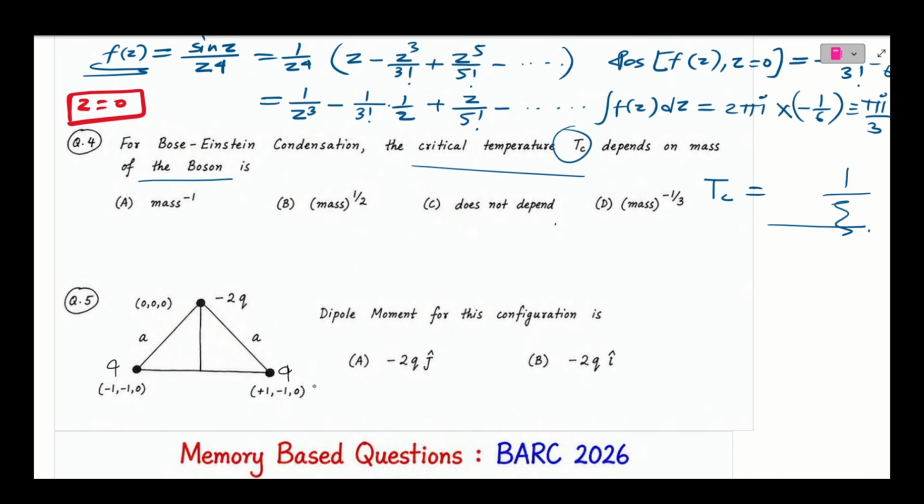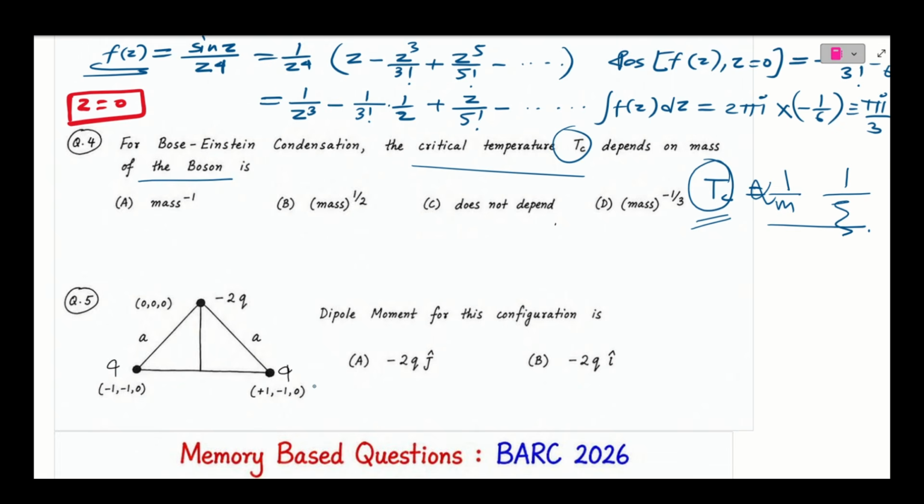If we see the exact expression of the critical temperature in the case of BE statistics, you can see there is a variation between Tc and m. Tc varies with m inversely, so Tc is proportional to 1 divided by m.